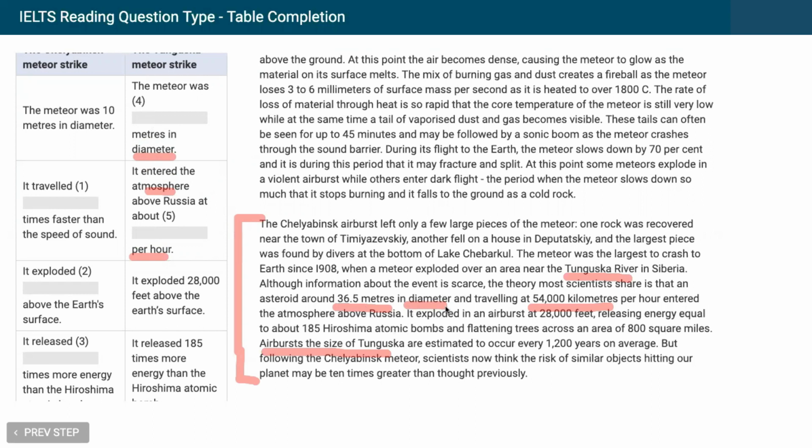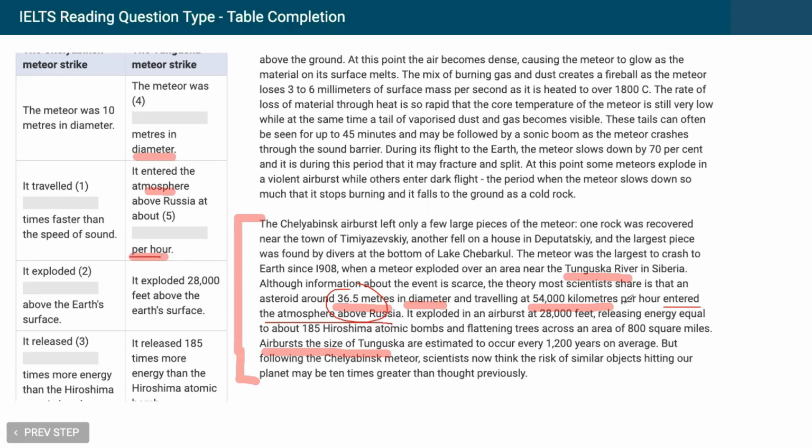Be sure not to write 36.5 meters, since meters is included here, so don't make that mistake. Just the number is needed. Okay, 36.5. Now I'm going to stick right here around this sentence because I read that it entered the atmosphere above Russia. And again, we're looking at per hour.